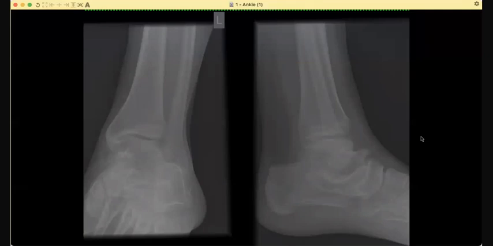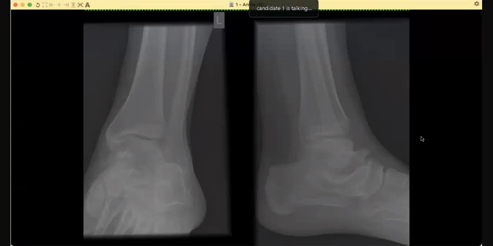There is an area of sclerosis, density, just distal to the tibia in the region of the medial talus, although I cannot see a definite fracture. The talar dome, while smooth, I can see that the margin between the talus and the distal tibia and fibula is uneven, raising a suspicion of a potential dislocation.